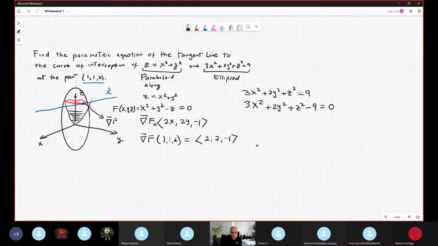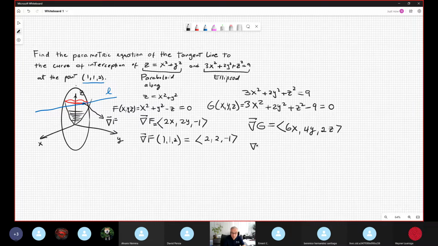You call it G of x, y, z, and we compute the gradient of G. Partial derivative with respect to x is 6x, with respect to y is 4y, and with respect to z is 2z.